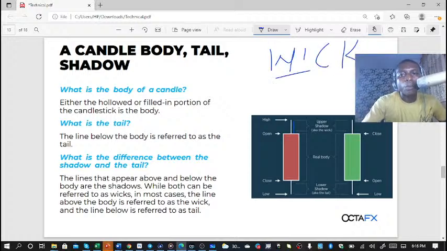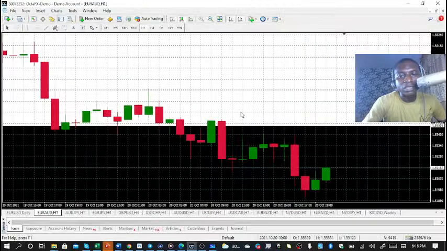We also call it the tail. So we can see the tail of this bearish candle, the wick to the upside, and the tail to the downside. This is realistic, as you can see here.